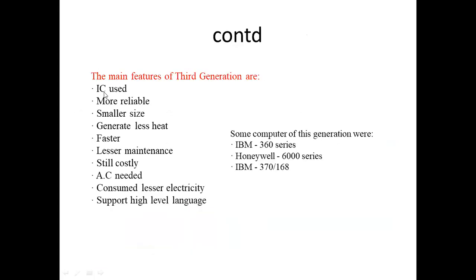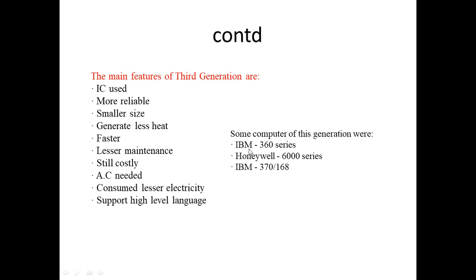It uses IC, meaning integrated chips, more reliable, smaller in size, generates less heat, they are faster, lesser maintenance, meaning easy to maintain, it's expensive, they need AC, they consume less power supply, and they support very high level languages.